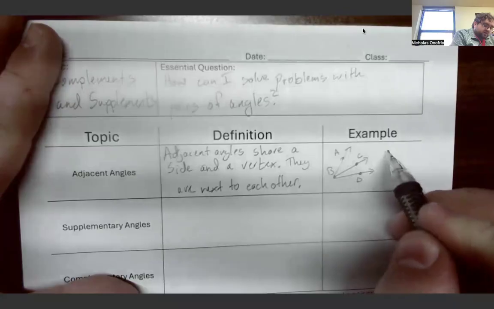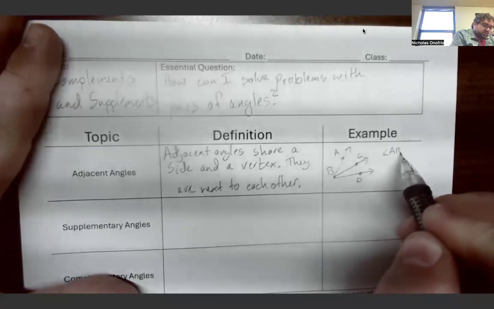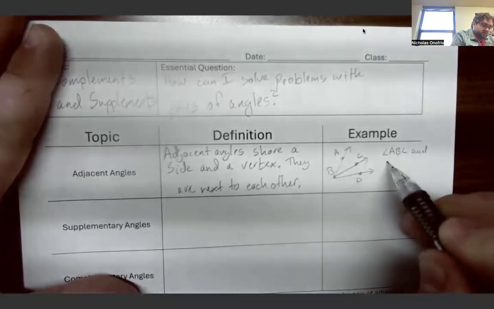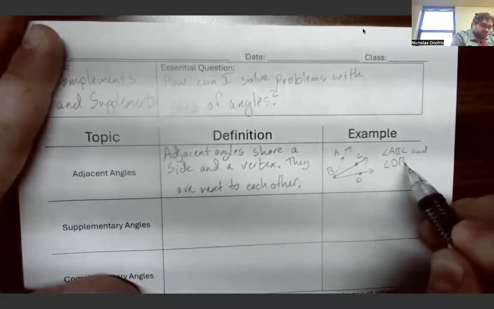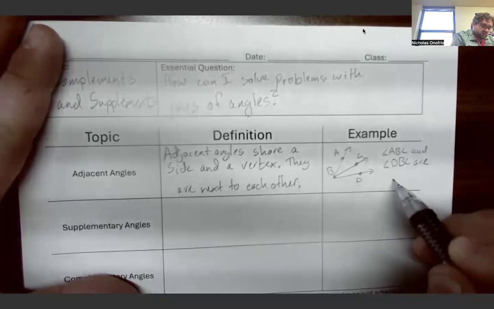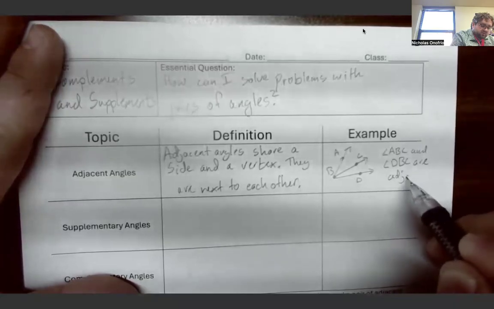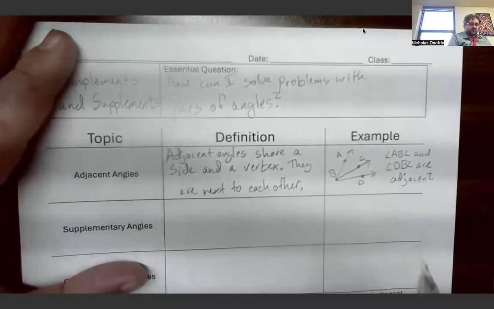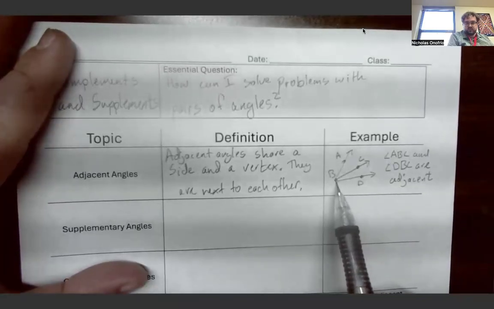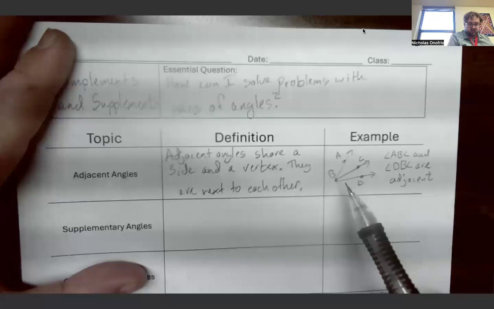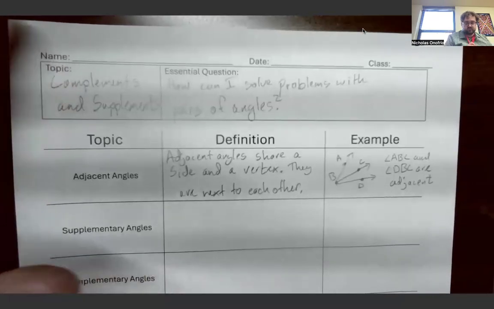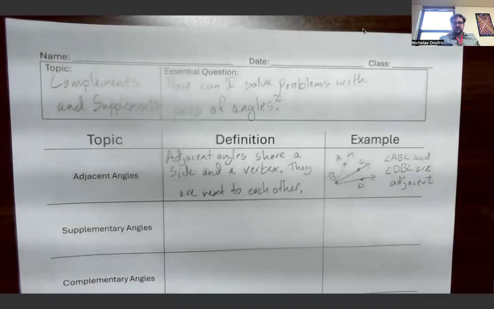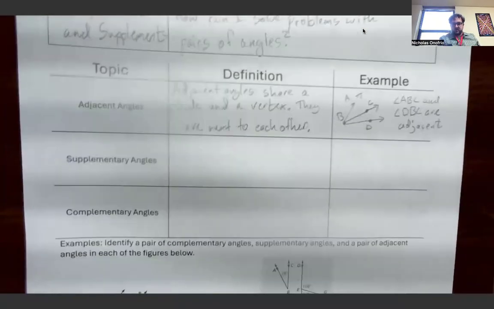We would say angle ABC and angle DBC are adjacent. They share their vertex B, and they both share the side BC. All right, excellent. Let's move on to our next term.